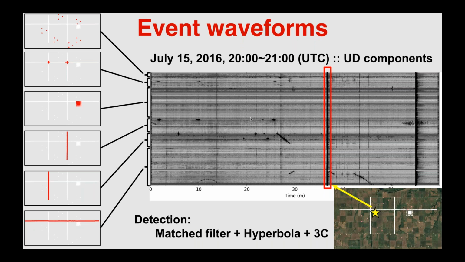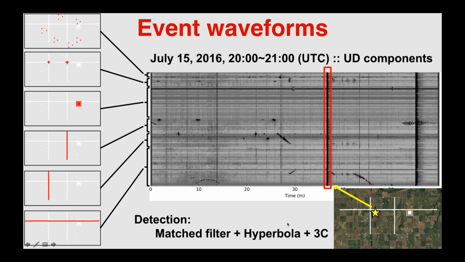In the catalog we find only this magnitude 2.2 event, but because we have local arrays, we have many more signals. We can see many black vertical lines, and these are other earthquakes. For this detection, I use the template matching technique plus hyperbola assumptions.